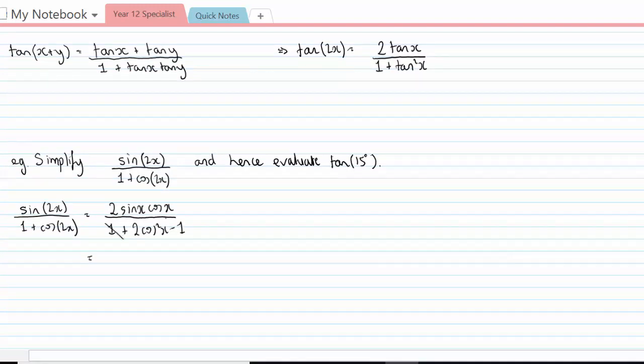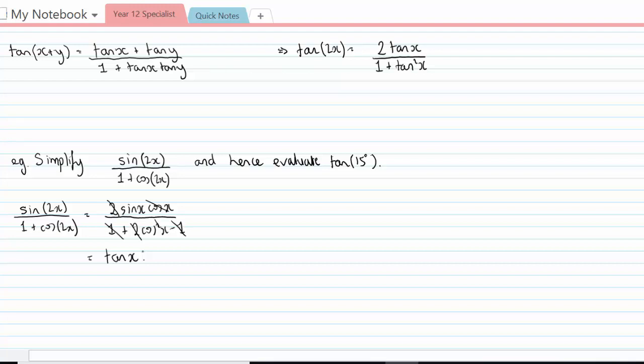So we can see that the 1's cancel each other out there. Also, these 2's will cancel each other out, and the cos squared will cancel out with one of the coses there. So we're really just left with sin x on cos x, which is tan x.